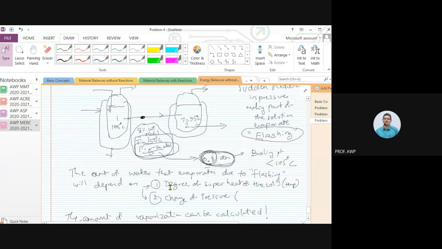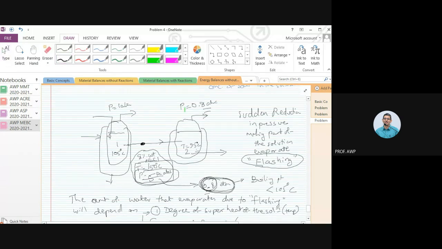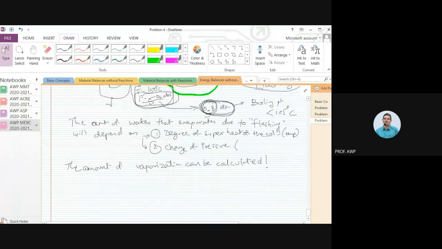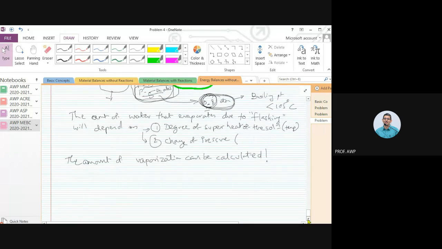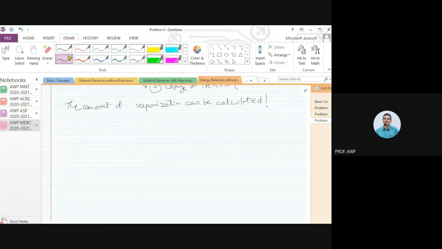It will depend. Suppose this is an adiabatic evaporator, or maybe we take another kind of situation: suppose we take water only. Suppose you take pure water, don't take salt solution right now. So assume that we have pure water.